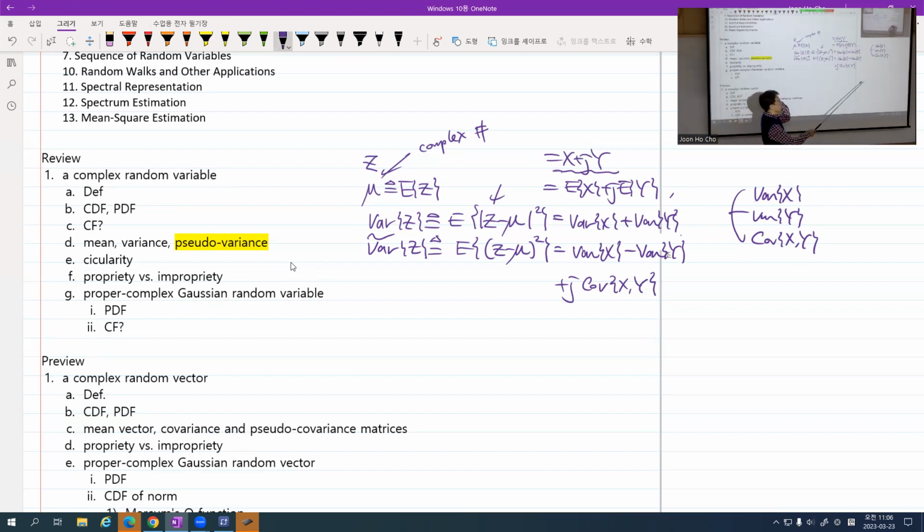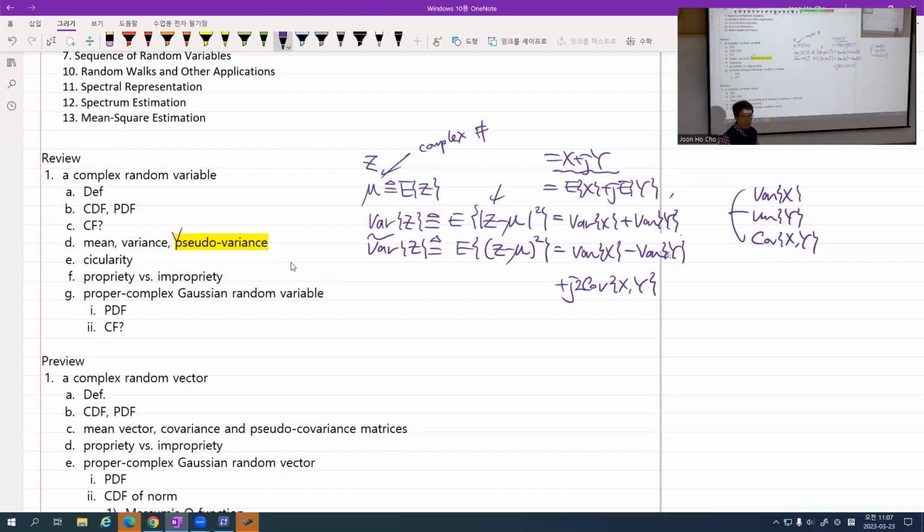In order to get the variance of X, you take the real parts of these, add, and divide by 2. You take the real part of this, subtract and divide by 2, you get the variance of Y. And by taking the imaginary part and dividing by 2, you get the cross covariance between the real part and imaginary part. So pseudovariance is very important.